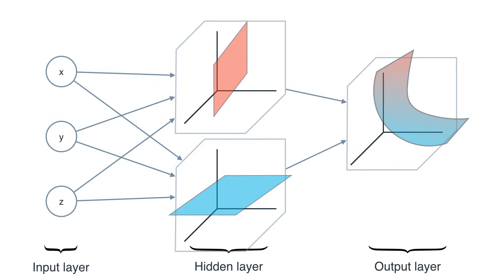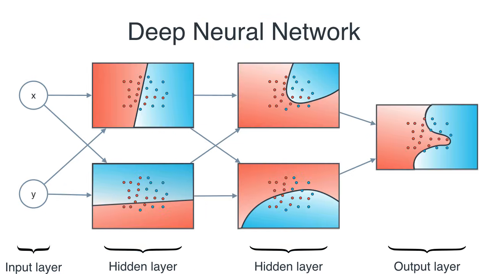And I can also do probably the most important of this, which is I can add more than one hidden layer. In this example, I have 2 hidden layers. So my first hidden layer draws a bunch of lines through my data. My second hidden layer combines these lines to make some more complicated regions.